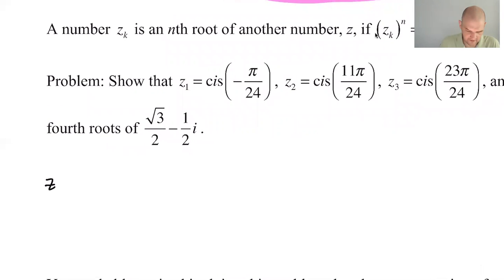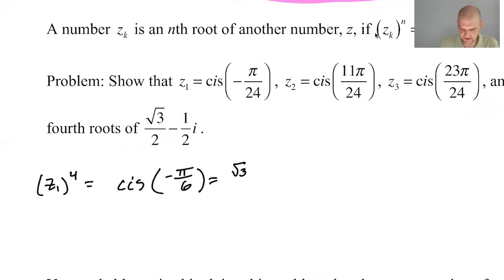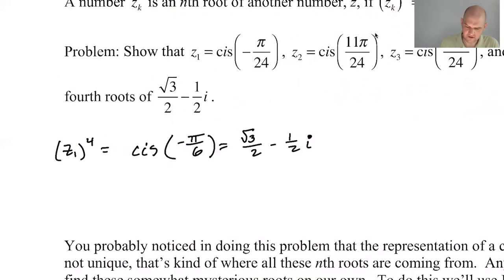So if I do z1 to the 4th, that's going to be this, negative 4 pi over 24, so negative pi over 6. And then the cosine of negative pi over 6 is the same as cosine of 11 pi over 6. So we get this cosine and sine. So z2 to the 4th, is that a 2?